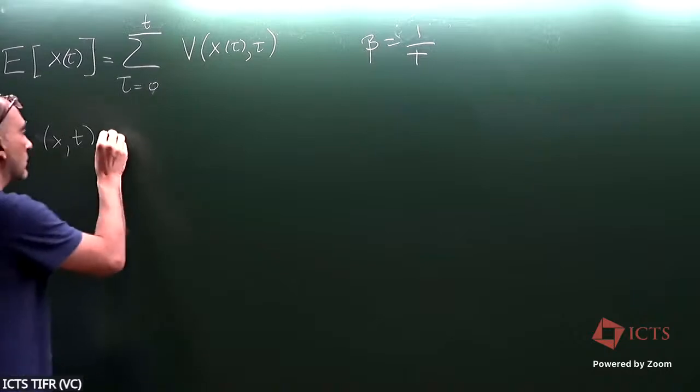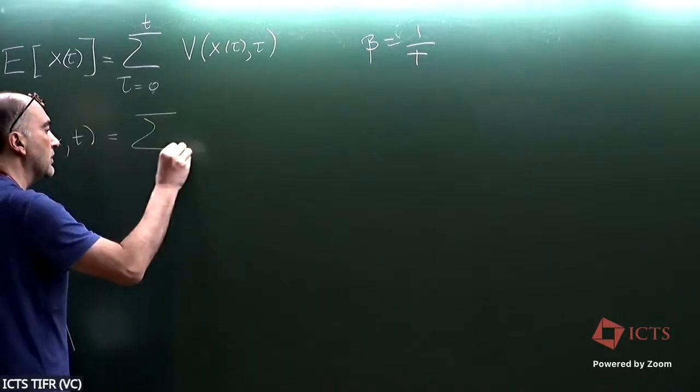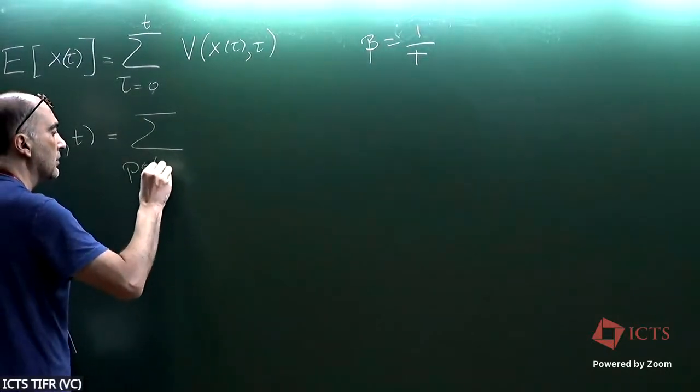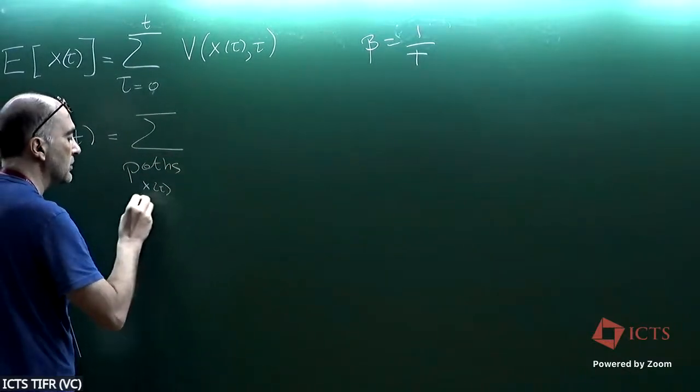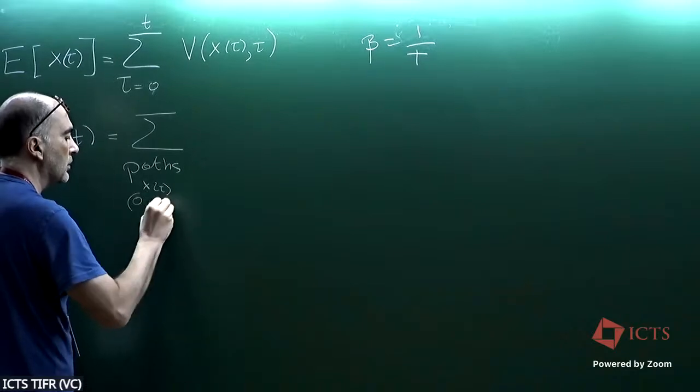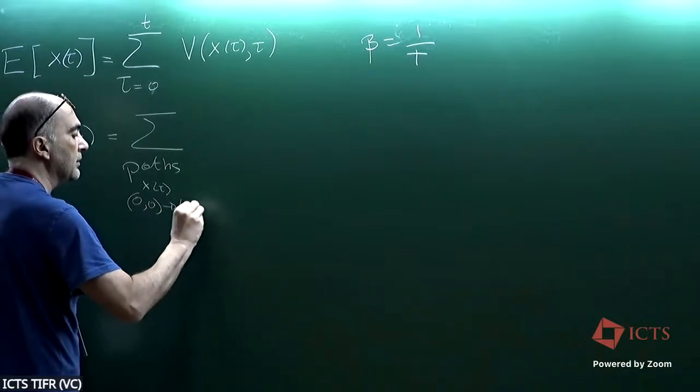So now what you will do is sum over all the paths x of tau that go from 0, 0 to x, t.